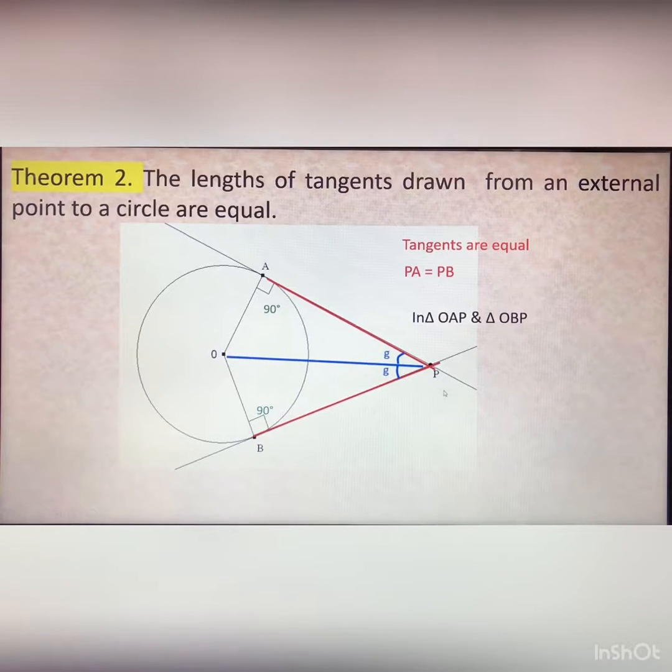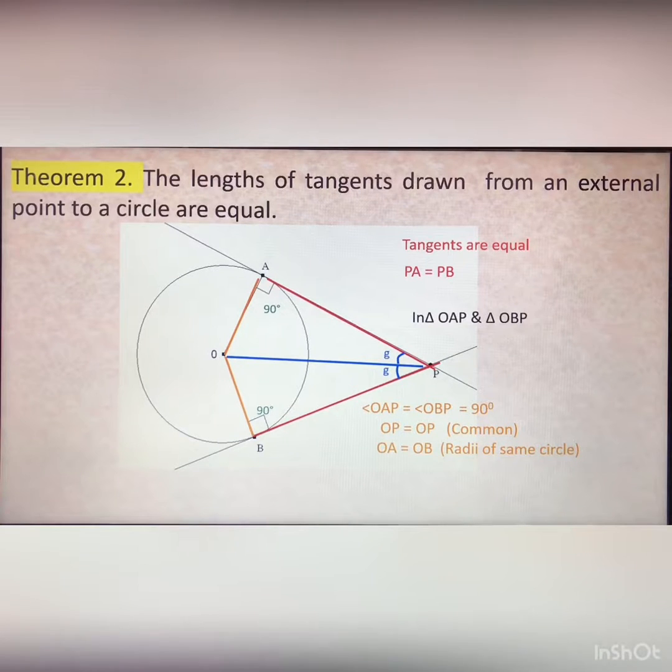These are radii, and radii of a circle are always equal. So in the first step, angle OAP equals angle OBP, because each angle is 90 degrees, and OP equals OP, this is the common side, clear, and OA equals OB because they are radii of the same circle.